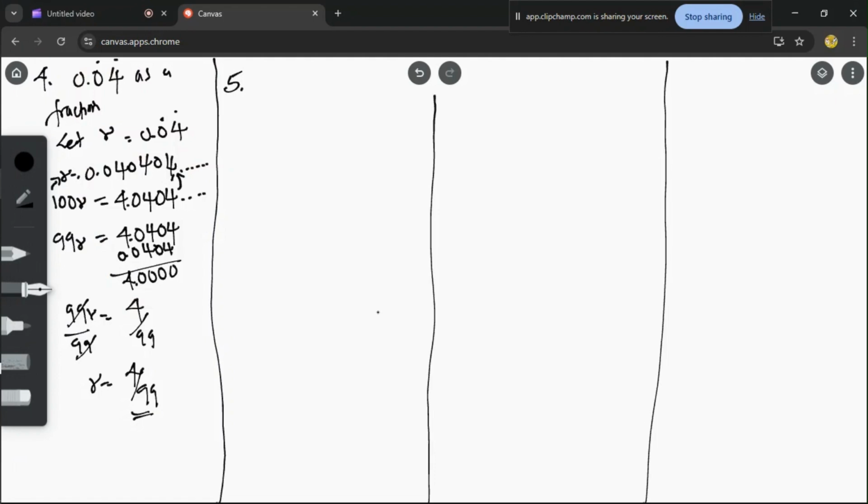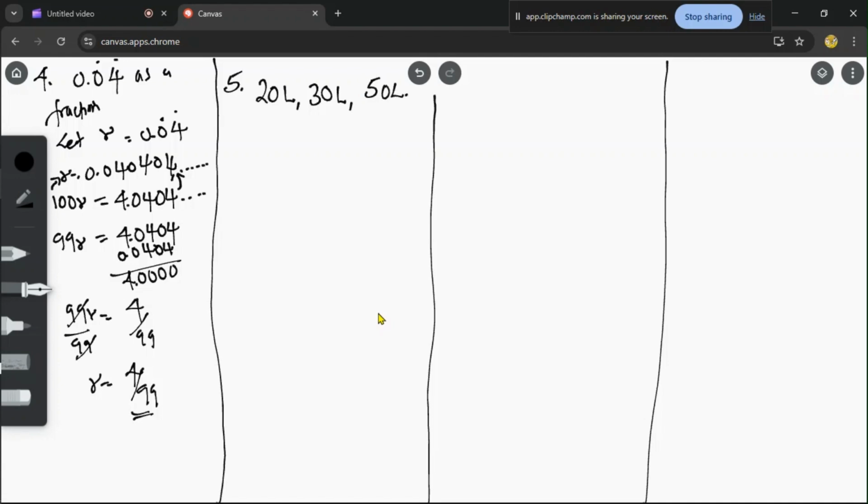So we want to find the least capacity of tank that can be used to fill. We have 20 liters, then 30 liters, and here 50 liters.